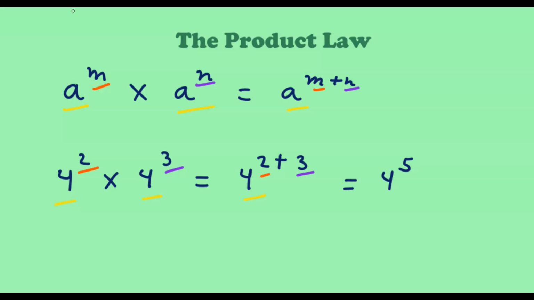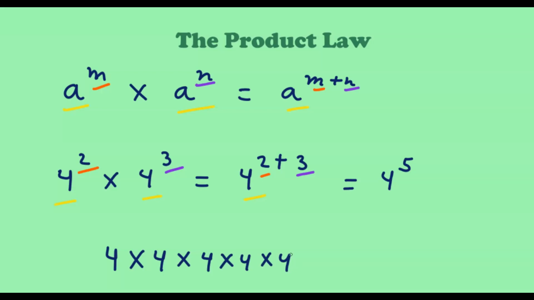Now let us have a look at why the product law works. Let us consider this example. So we have 4 to the power of 2 times 4 to the power of 3. Now, what is 4 to the power of 2? That means 4 multiplied by itself a total of 2 times. And with this, we multiply 4 to the power of 3, and that is just 4 multiplied by itself a total of 3 times.